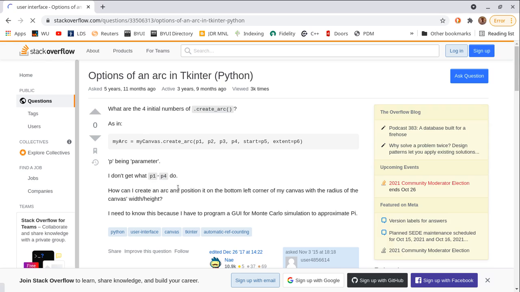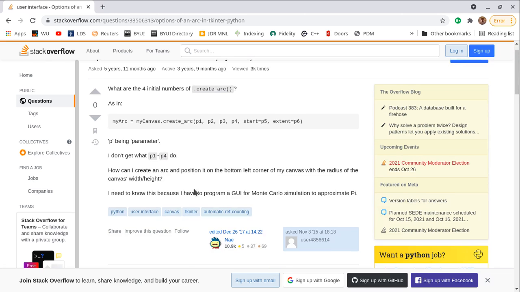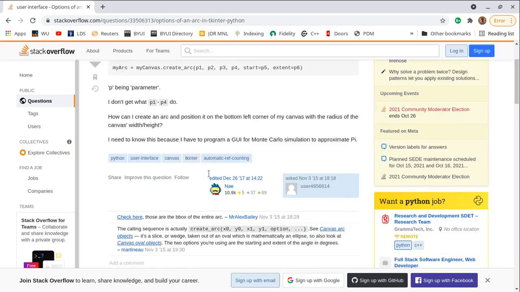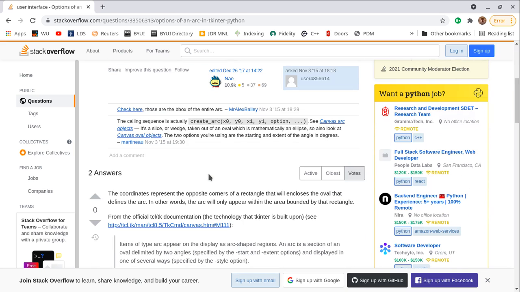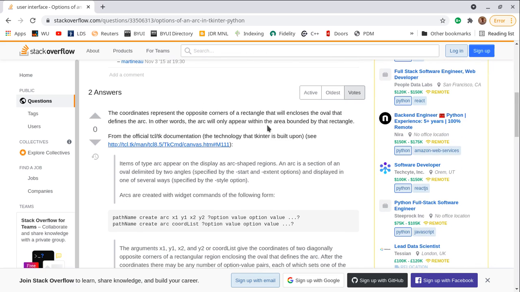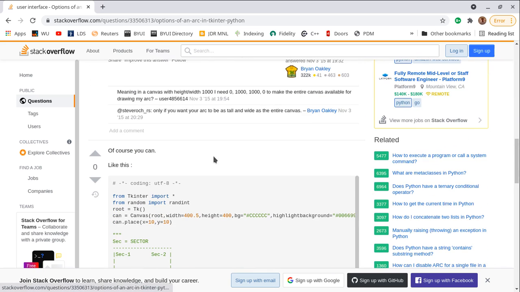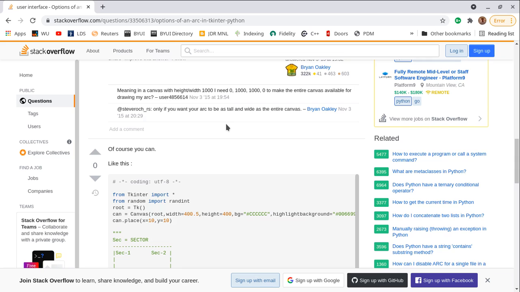Options of an arc, bounded by that rectangle. But I want to get and set the extent because I wanted to do something kind of an animation.